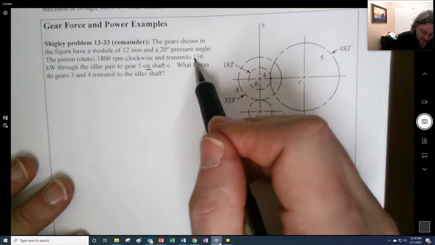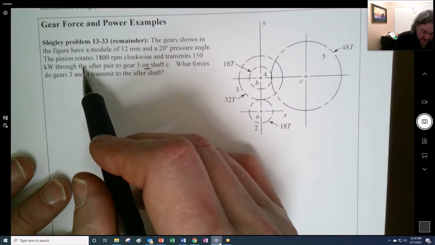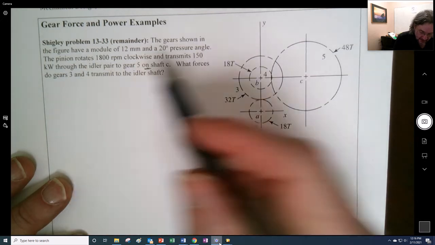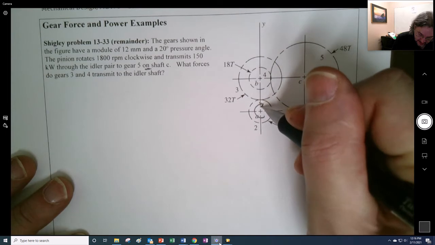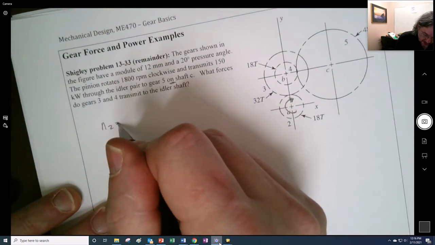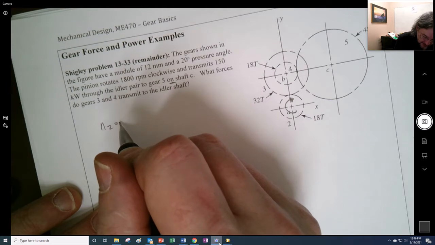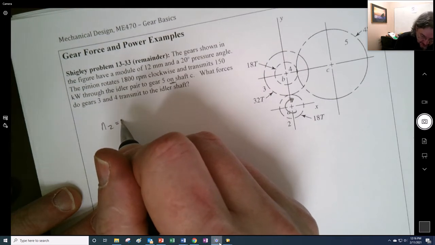We know that it's 150 kilowatts happening right here, and this one is clockwise, and N2 is the shaft at N2.